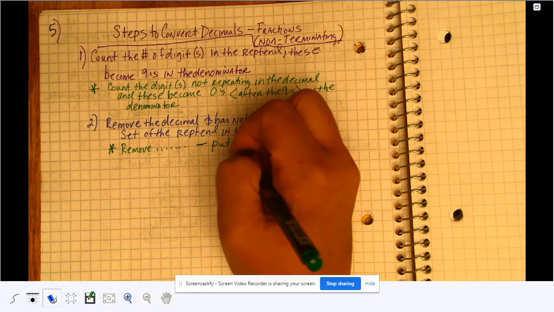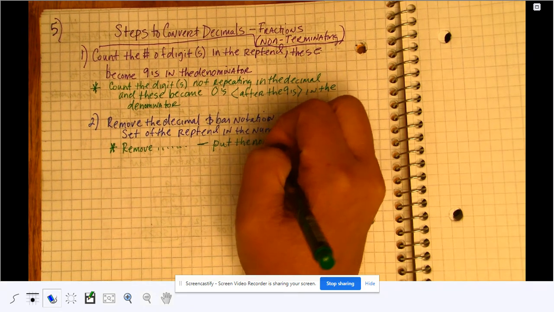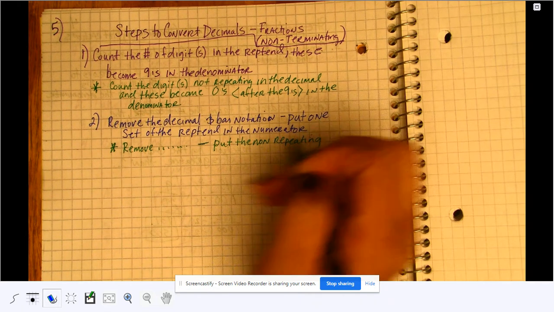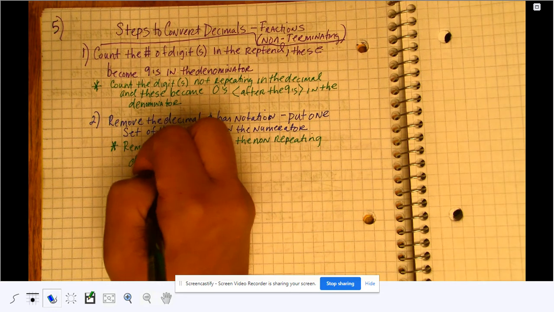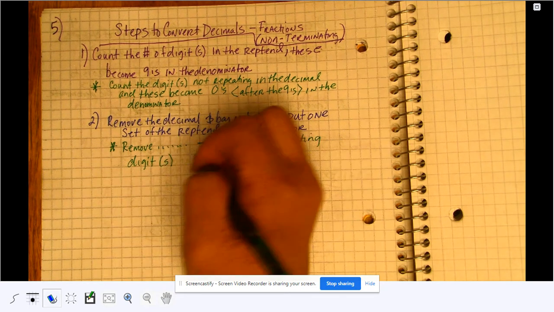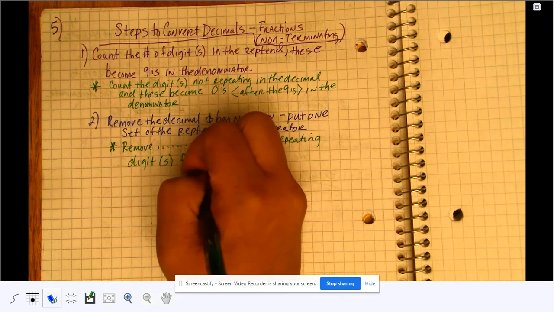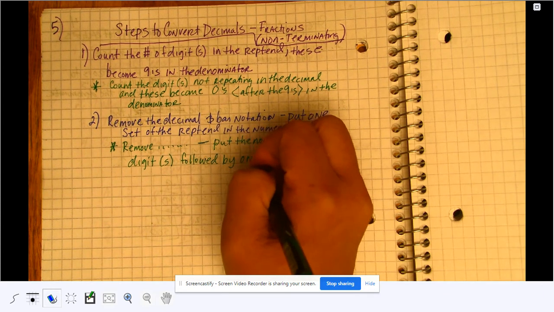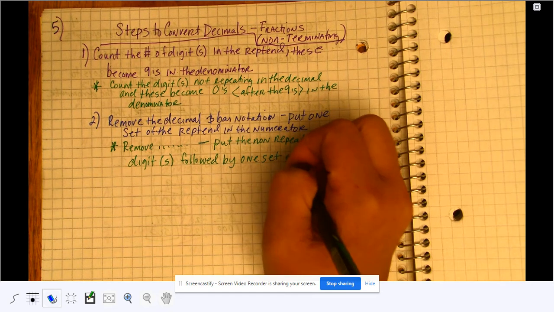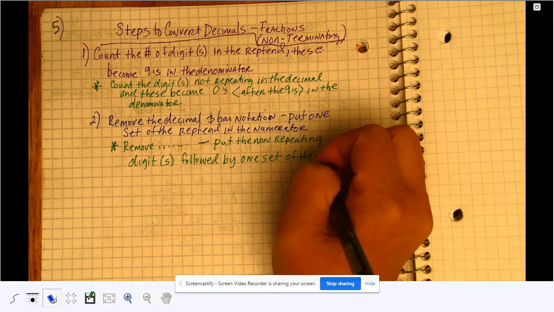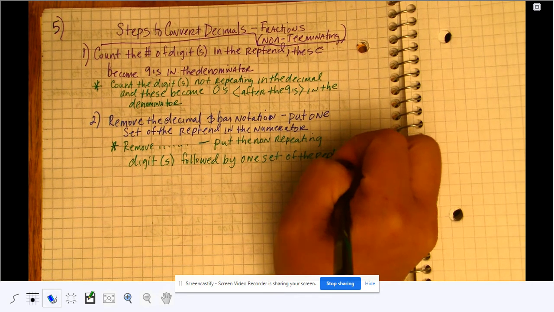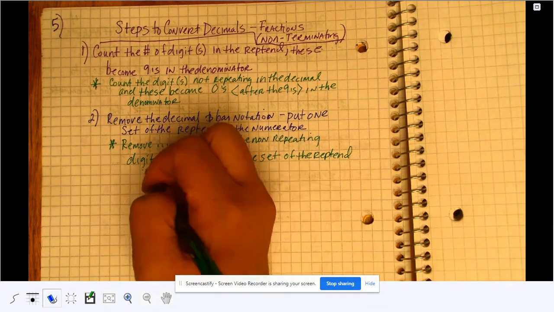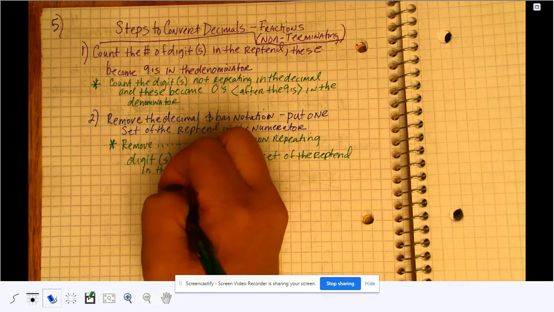Put the non-repeating digit or digits, followed by one set of the reptend in the numerator.